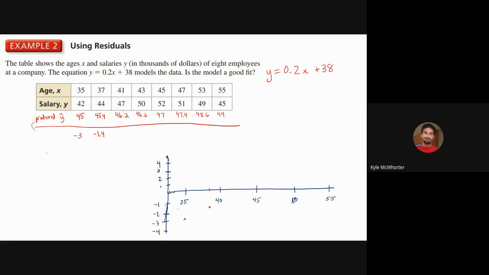For this one, 47 minus 46.2, that would be 0.8. And when x is 41, the residual is 0.8.